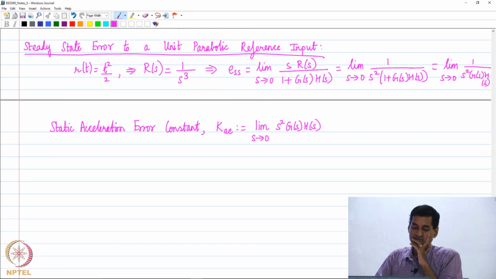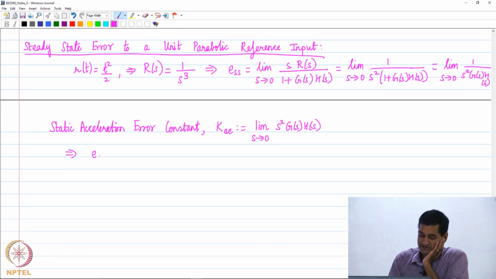So that's the definition. This immediately implies that the steady state error is 1 divided by K_AE.